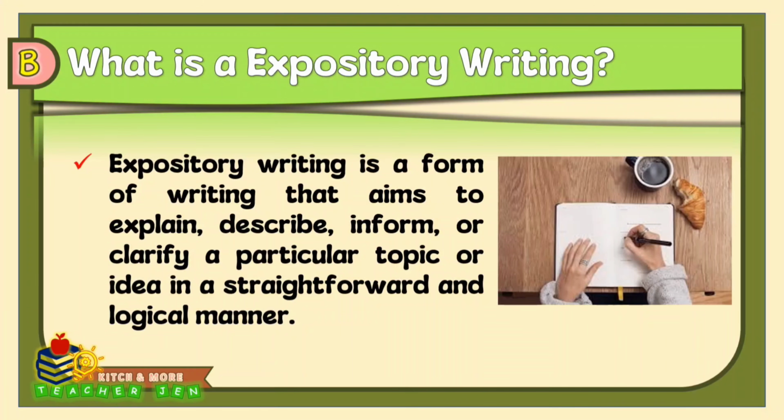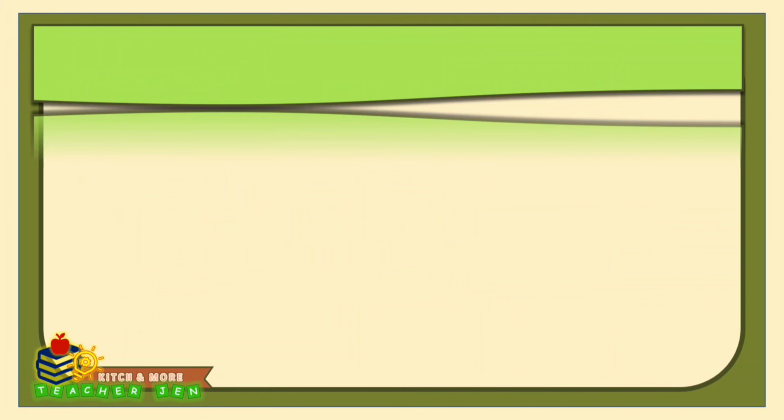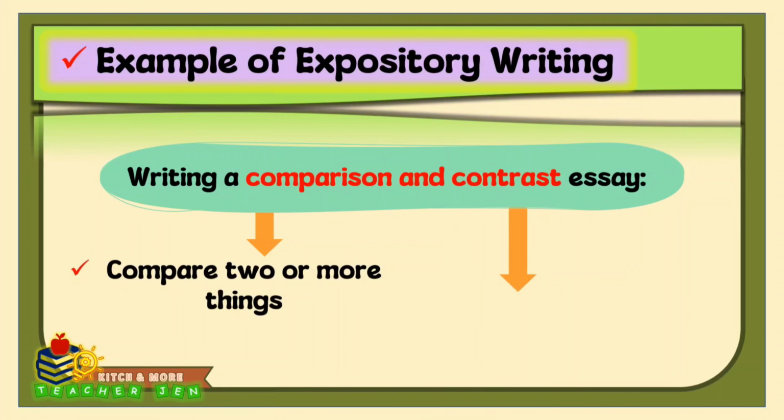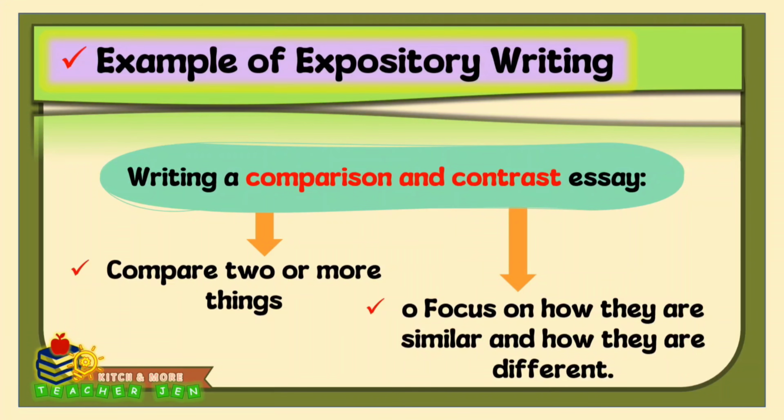Let's have an example. One example of expository writing is writing a comparison and contrast essay. In this type of writing, you compare two or more things, focusing on both how they are similar and how they are different. For example, you might compare two popular indigenous games in the Philippines, like Tumbang Preso and Patintero.